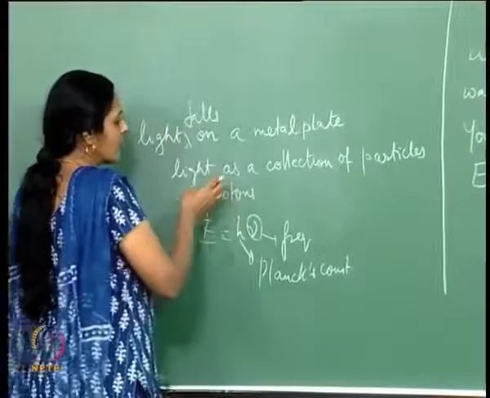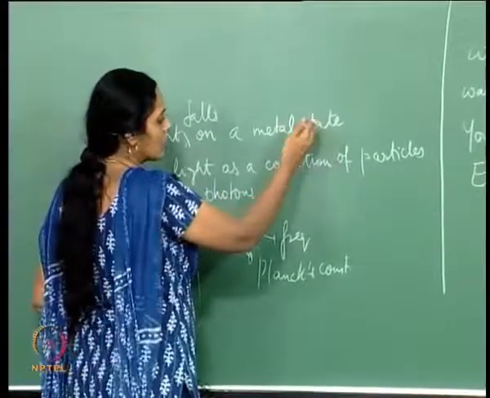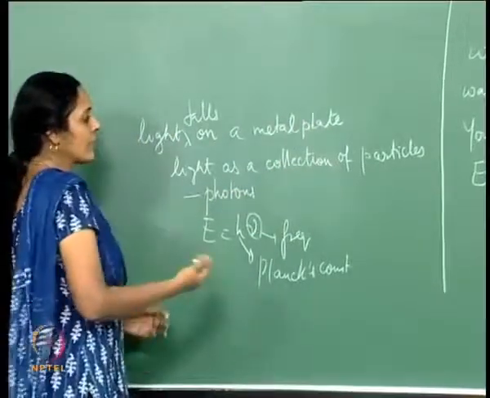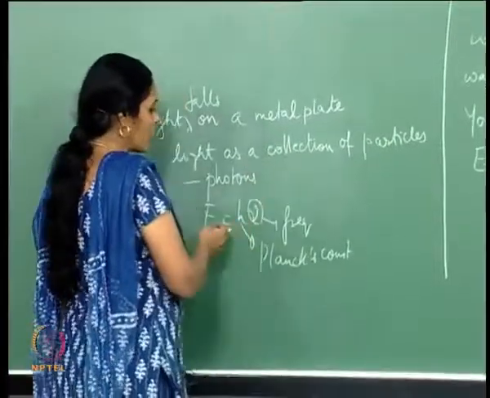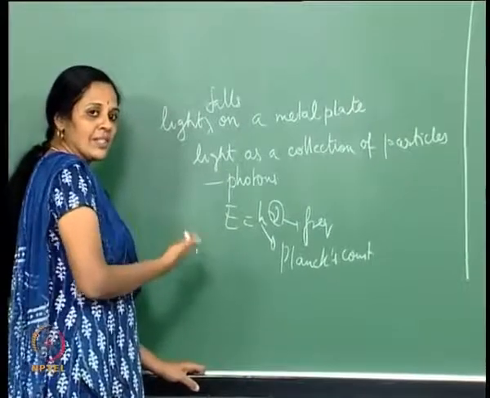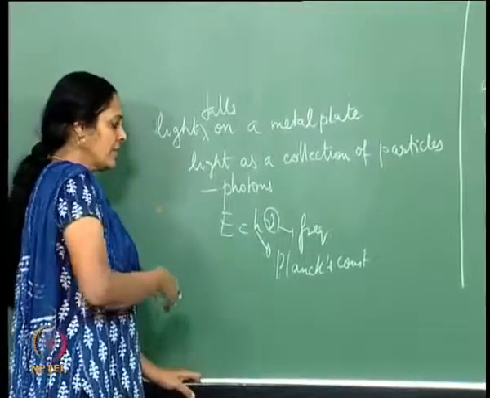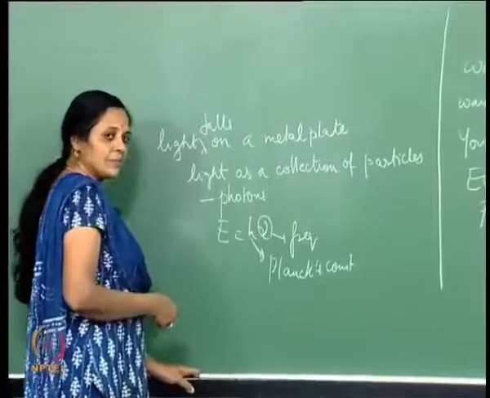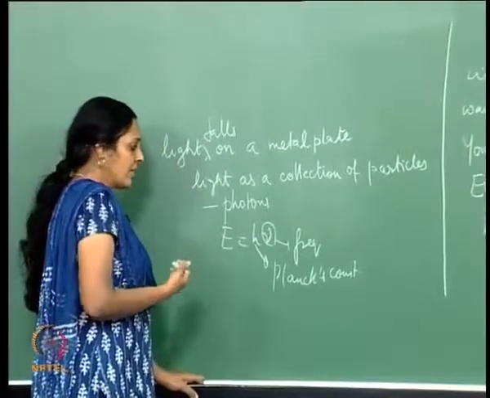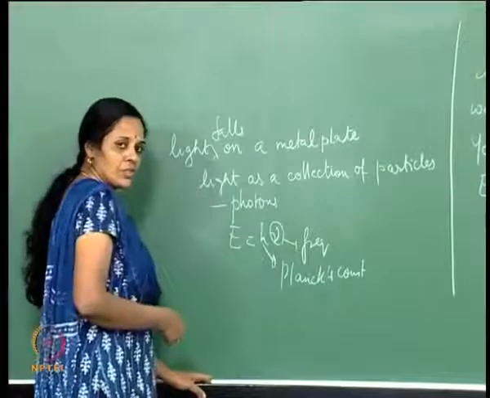So, it turns out that photons interact with the electrons in the metal plate and transfer energy to them and pull them out, so that the energy of the electron does not really change with the intensity of the incident light. The more intense the incident light, the more the number of photons. The less intense the incident light, the less the number of photons.